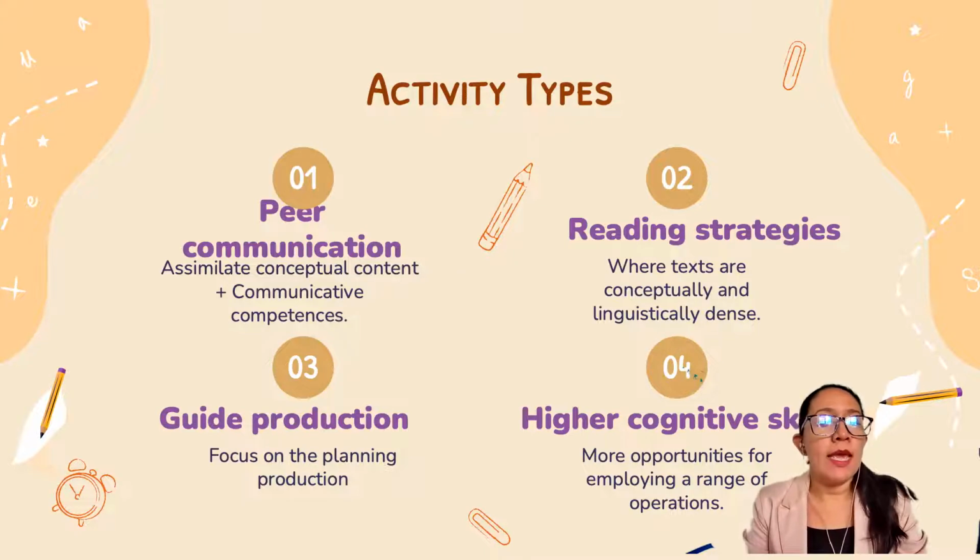As for number 3, guided production. This can be oral and written, and this focuses on the planning of production. Number 4, higher cognitive skills. Make students think and offer more opportunities for employing a range of operations.